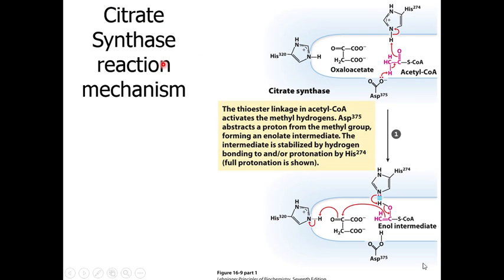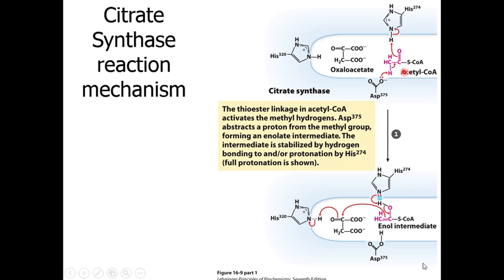Let us consider the citrate synthase reaction mechanism. Once both substrates, oxaloacetate and acetyl-CoA, bind to the enzyme active site, a base, aspartate 375, in the active site of the enzyme abstracts a proton and forms an enolate intermediate like this.